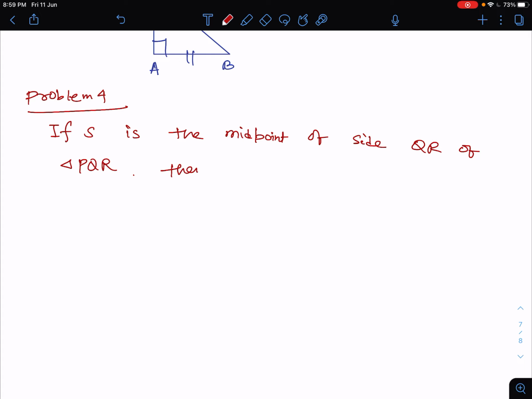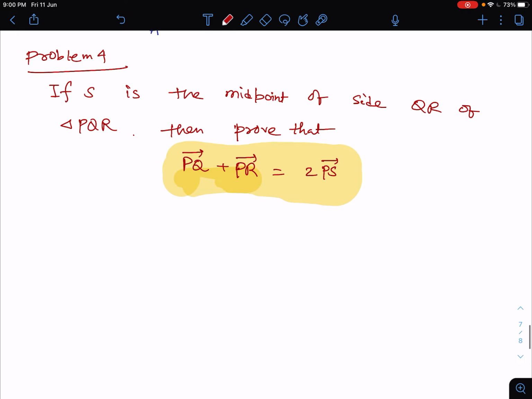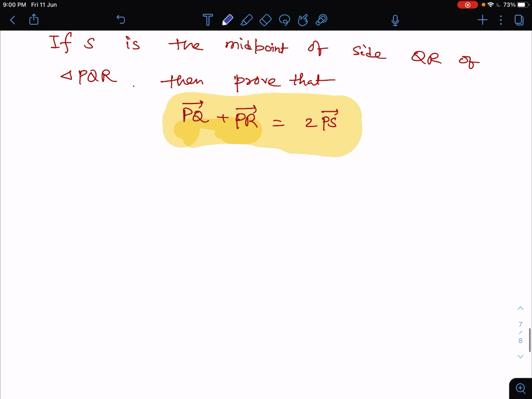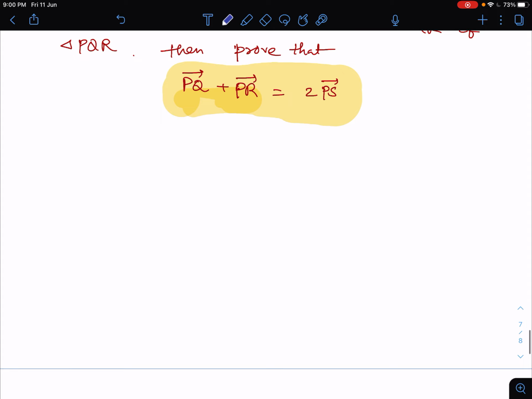Then prove that PQ plus PR is nothing but 2PS. This is known as the midpoint identity. So now the question is, how do you prove this?